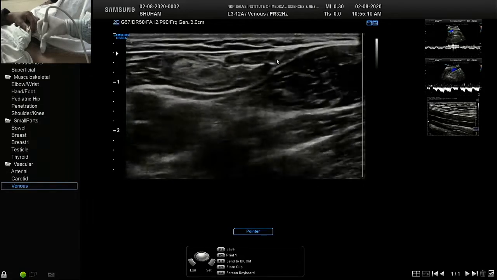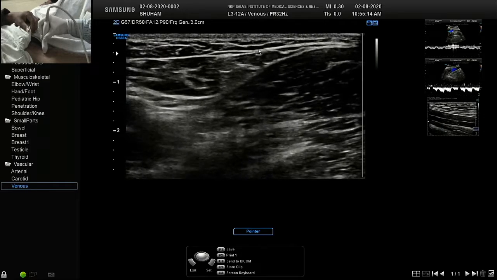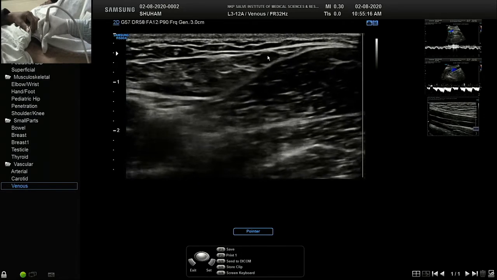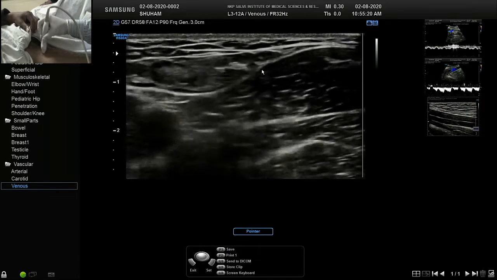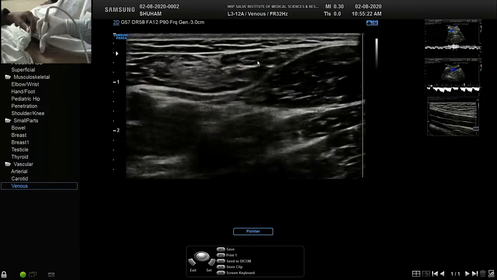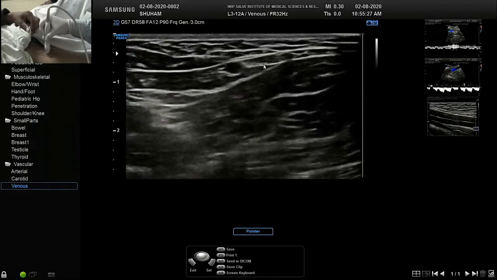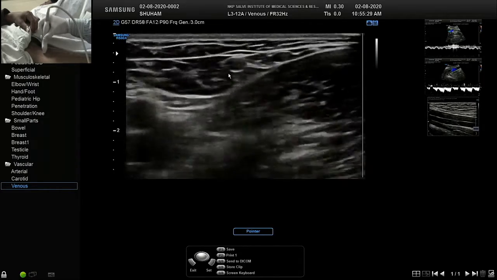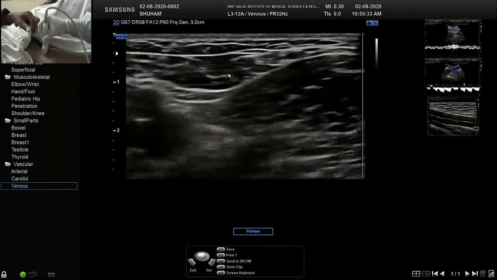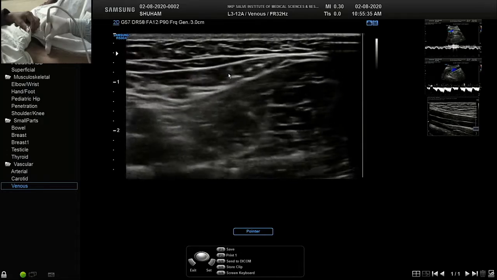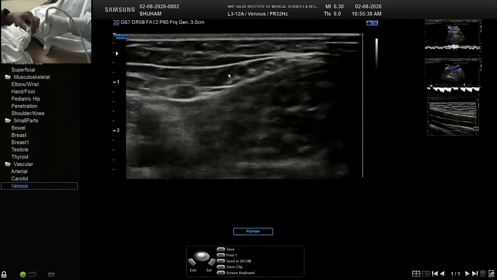So this is the GSV, and you can see this as an Egyptian eye, that is a vein, this is the fascia, and this is the fascia. So the tributaries of this GSV, at the end or near the insertion, they remain here, and in the proximal course, they are very much superficial.